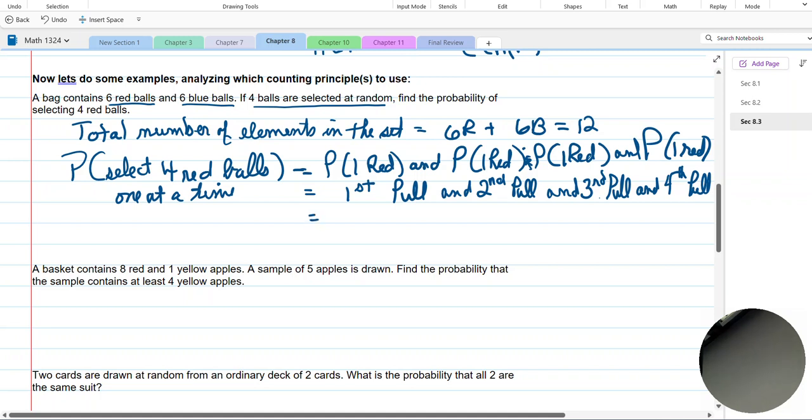So we're going to make the assumption we pull a red one. That would be 6 out of 12. Now we have 1 less of the red and 1 less in our sample space, so we'd have 5 red out of the 11. And if we pulled a red one the second time, that gave us 4 reds out of 10. Again, we've taken 2 red balls out of the bag. And then for the last pull we're going to have 3 out of 9.